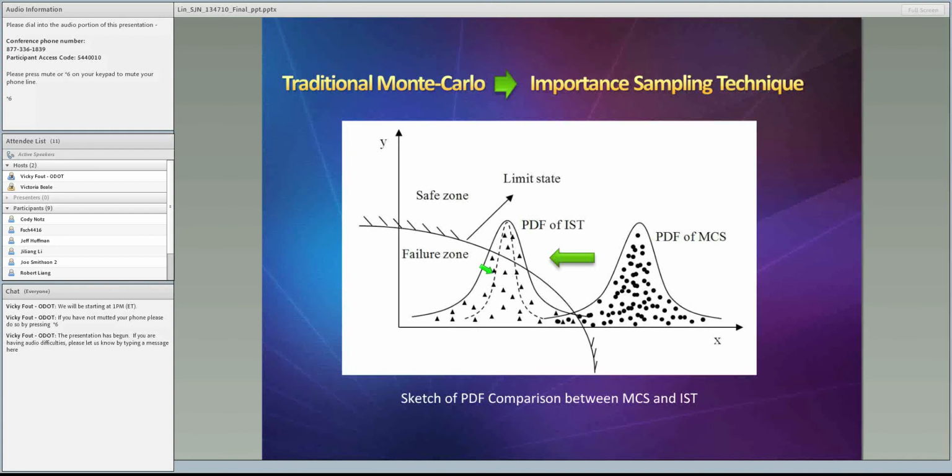If factor of safety minus 1 equals 0, we can write down this expression of the performance function. And then the design point of the importance sampling would be mu equal to this equation. And this is the reliability index beta, where beta is equal to the mean of the performance function over the standard deviation of the performance function.